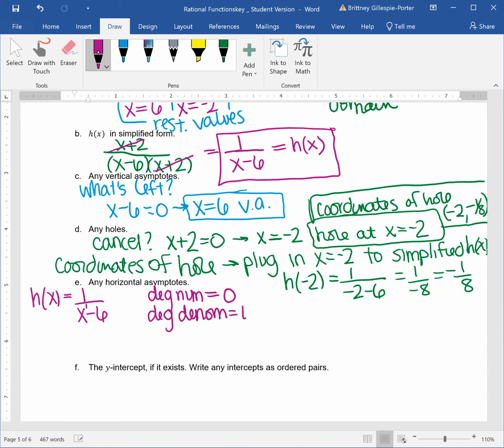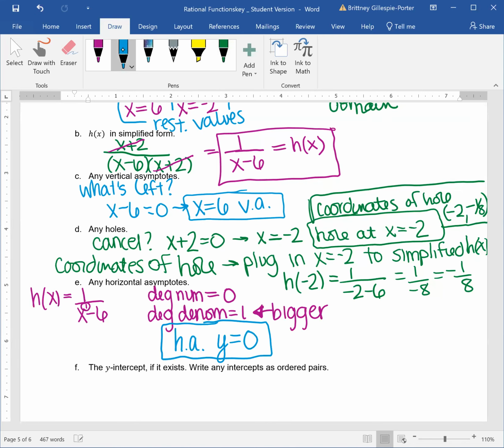That's because there's the imaginary 1 hanging out on the x, which means the denominator is bigger. When your denominator is bigger, you bottom out. So we have a horizontal asymptote of y equal to 0. Bottom out, we go to 0.